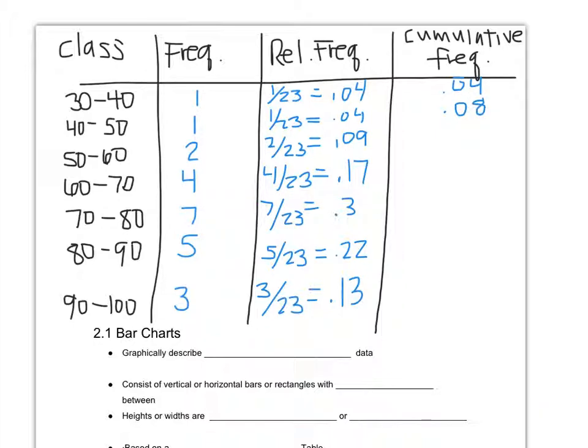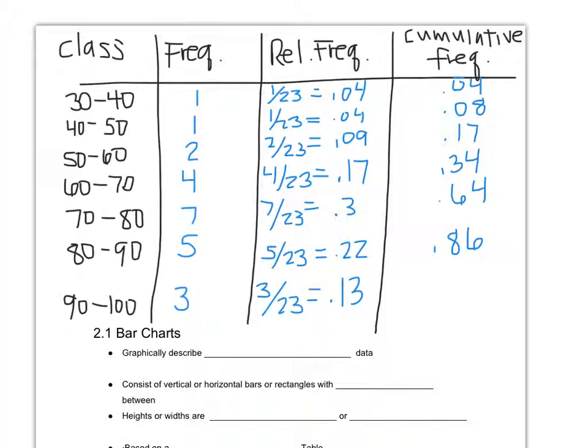And then the next row, we're going to add 0.08 plus 0.09, so we get 0.17 for our cumulative frequency. And for the next row, we take that 0.17 and add 0.17, get 0.34, and then we add 0.3, we get 0.64. And then we add 0.22, and we get 0.86.